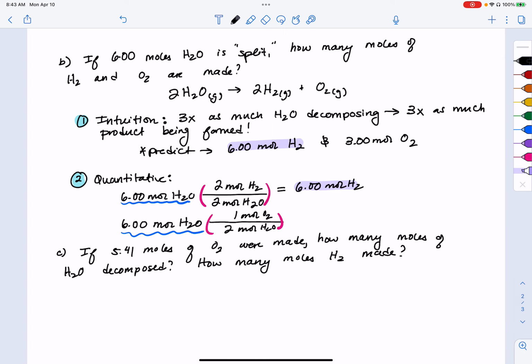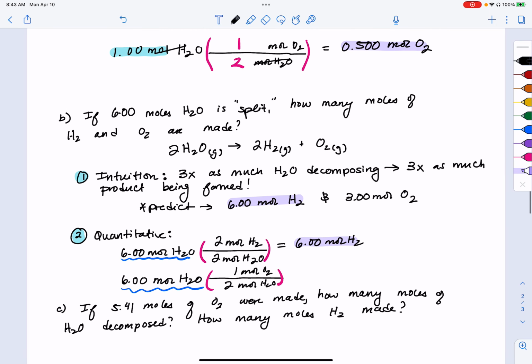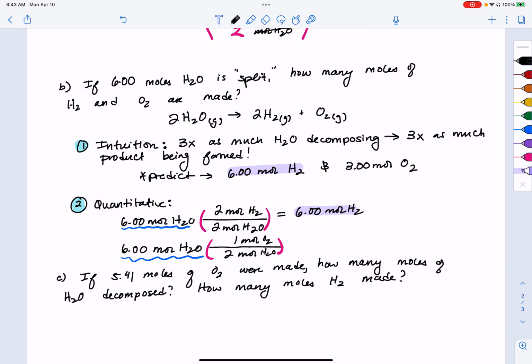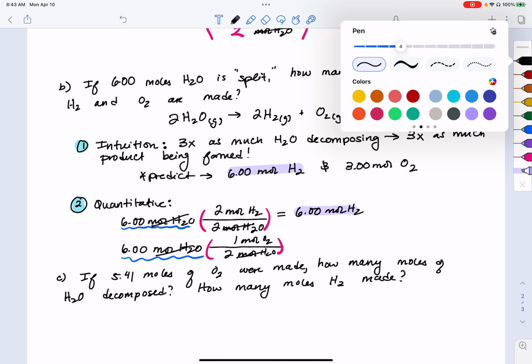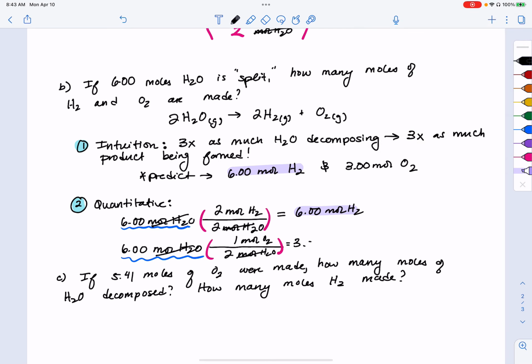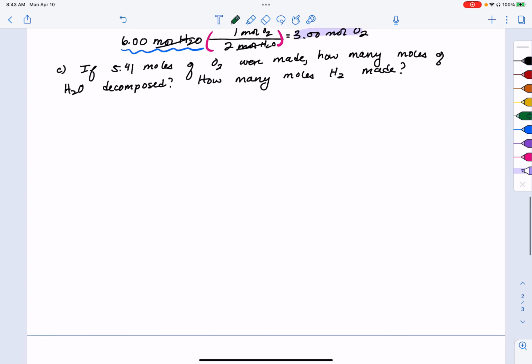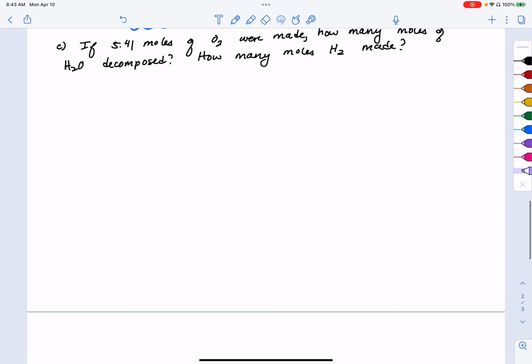So I take 6 moles of water, divide by 2, that gives me 3 moles of oxygen gas. What do you know? Yay. Okay. Chew on that for a minute.